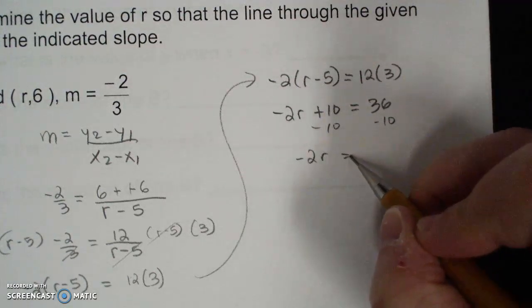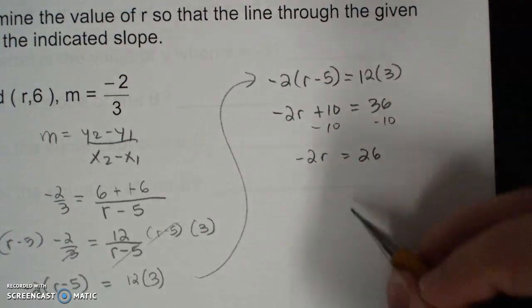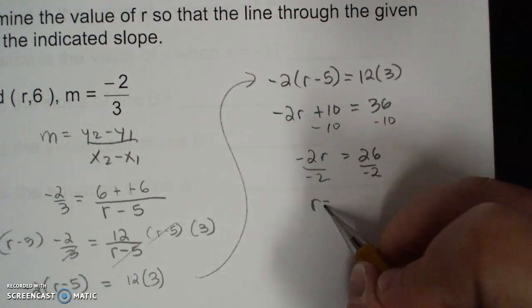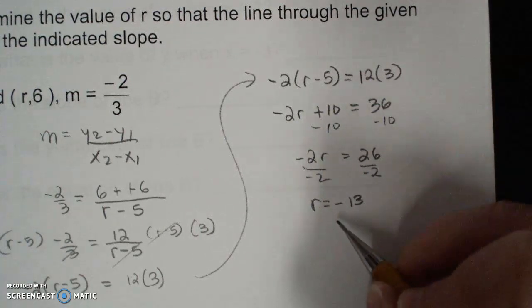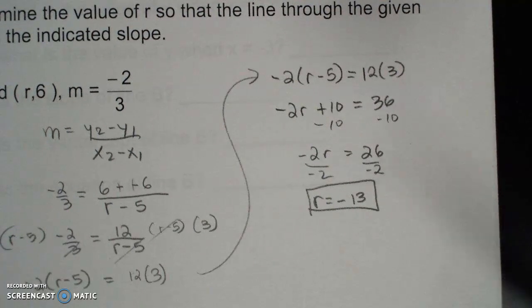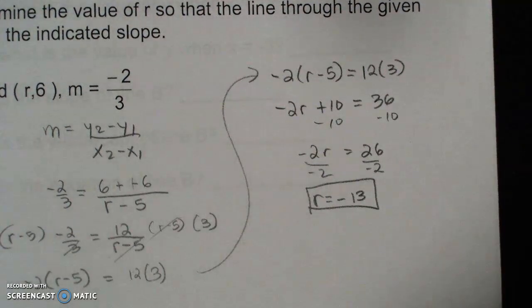Negative 2r equals 26. Divide by negative 2. R equals negative 13. And that is interpreting graphs.